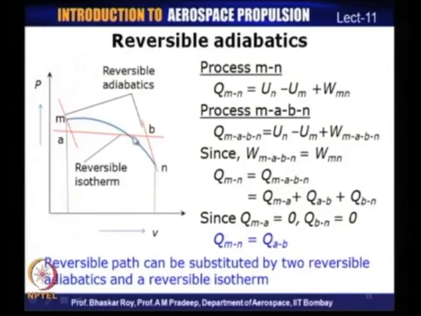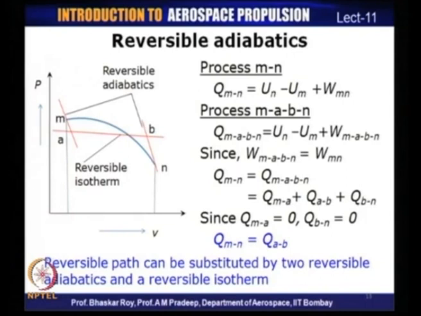So, what we are going to prove is that any reversible path can be replaced by two reversible adiabatics and one reversible isotherm. And as we have already seen, reversible adiabatics cannot intersect, and therefore these two reversible adiabatic paths have to be parallel. And you can also have a reversible isotherm which can obviously intersect these two reversible adiabatics.